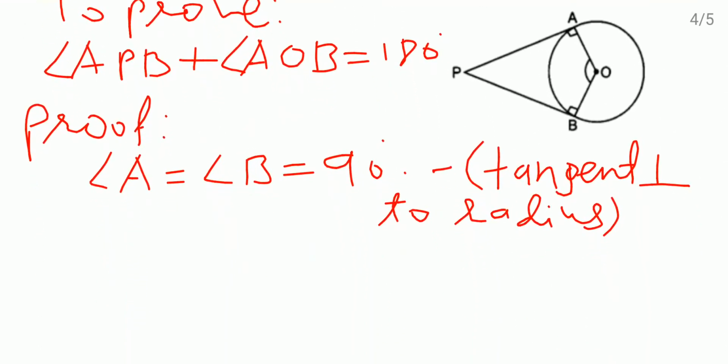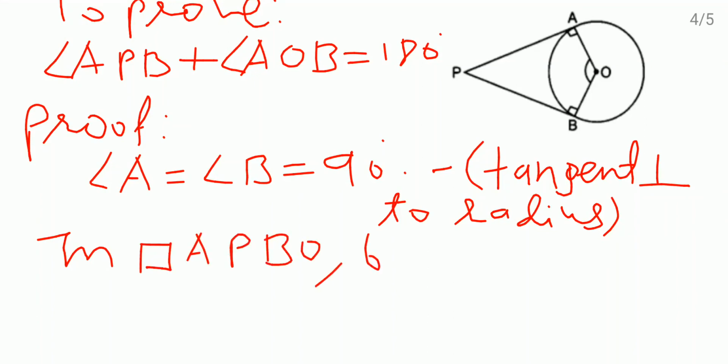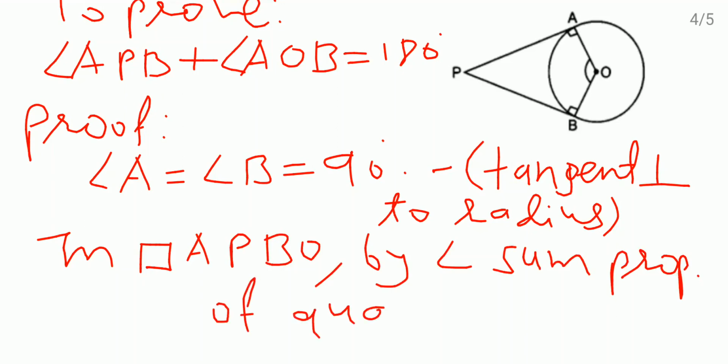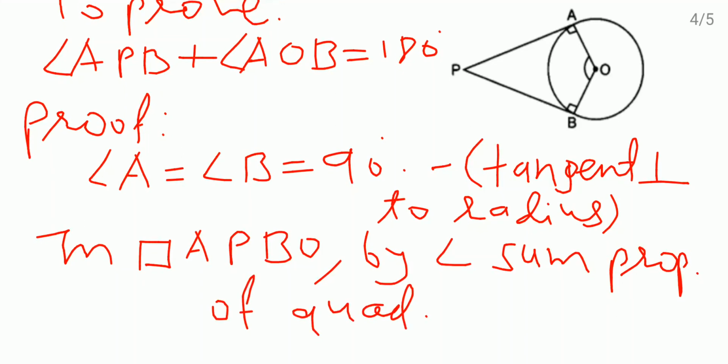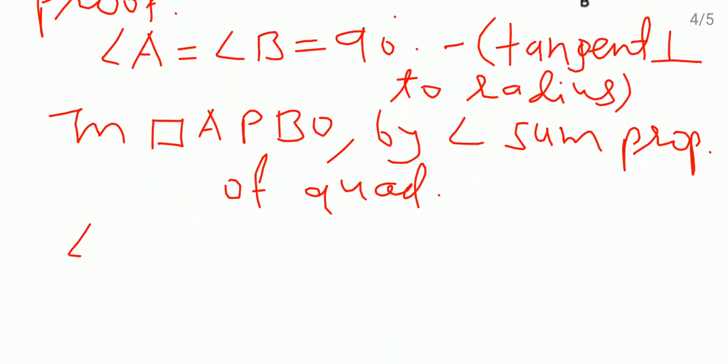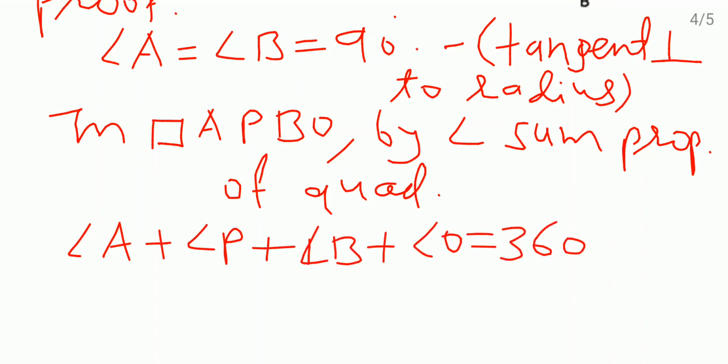Now here I'll say in quadrilateral APBO, by angle sum property of quadrilateral, I will add all the angles. So I'll get angle A plus angle P plus angle B plus angle O is equal to 360 degrees. Angle A is 90 degrees.